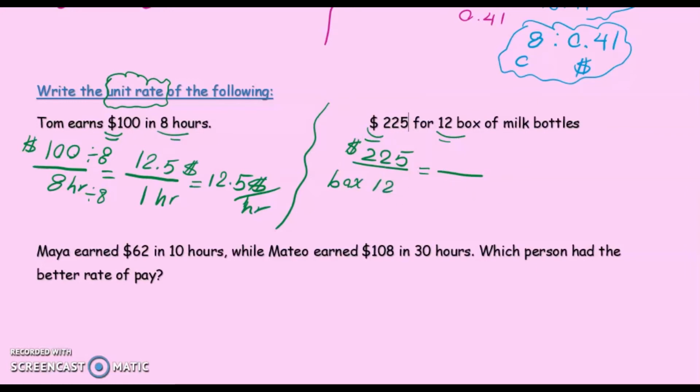So let me change the color to see better. As a result, I have to divide this guy by 12. Whatever you do on the bottom, you have to do on the top as well. So therefore, 12 by 12 would be 1. And if you use a calculator, the top would be 18 and 25 cents. So therefore, the final answer, the unit rate is $18.25 per what? Per 1 box. Yes? Okay.